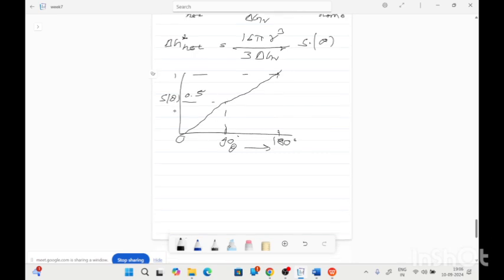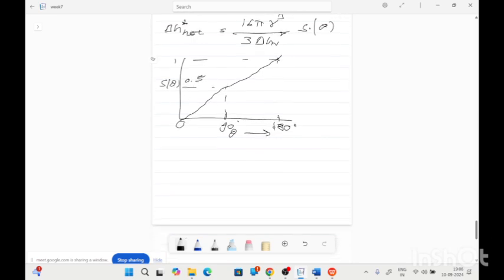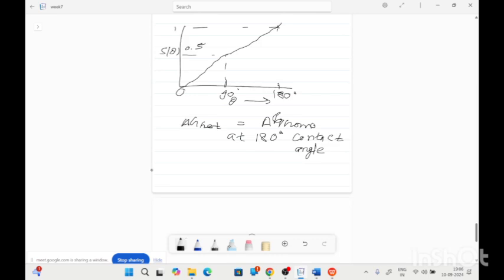At 180 degree contact angle the heterogeneous nucleation free energy will be directly equal to the homogeneous free energy required during homogeneous nucleation. 180 degree contact angle means it will be just this type of film at the solid particle interface.